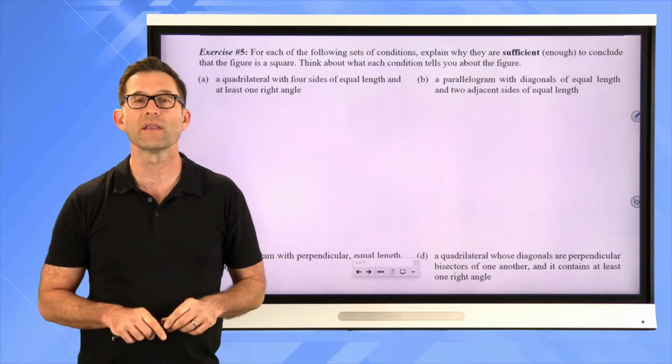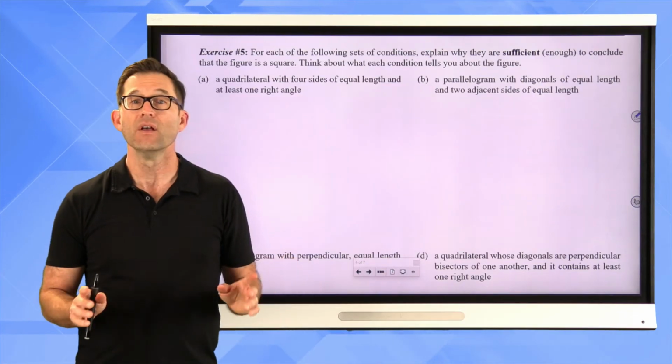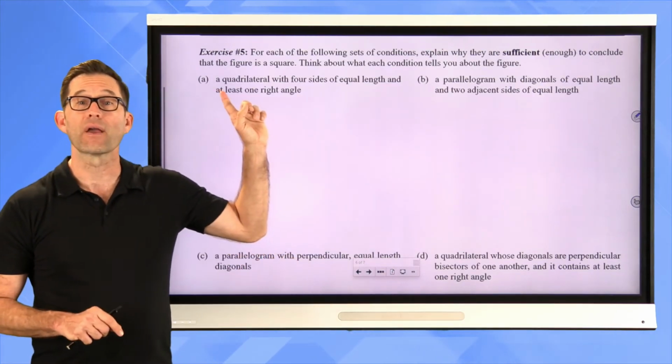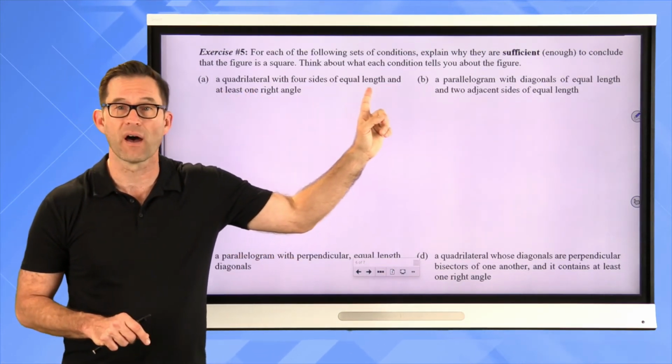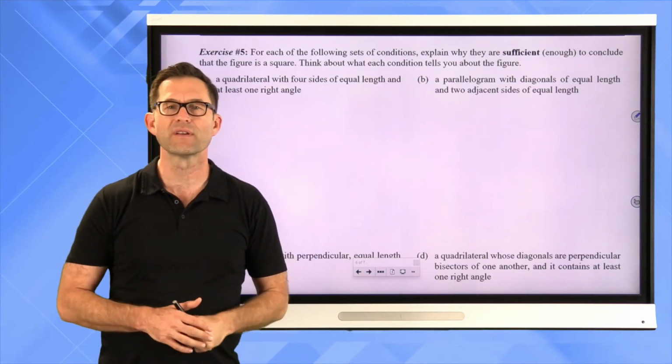So let's take a look at letter A. A quadrilateral with 4 sides of equal length and at least 1 right angle. Okay, so now watch out here. Here I've got a quadrilateral with 4 sides of equal length and at least 1 right angle. So let's do this one together, right?